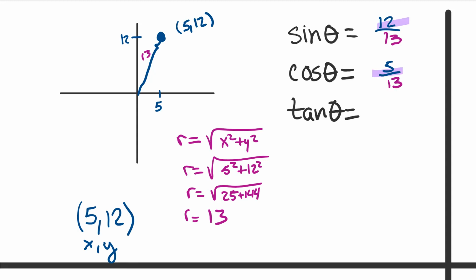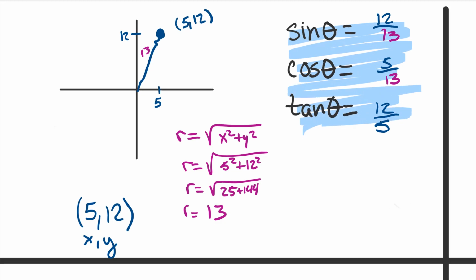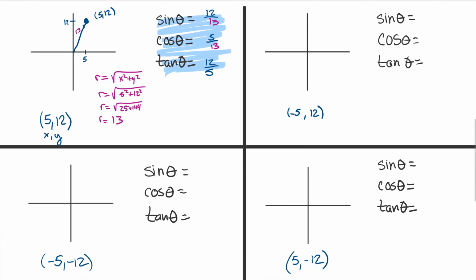It's just sine over cosine, 12 over 5, or y over x. Tangent is y over x, like slope. That'll come back later. You don't have to fill your brain with it, though. Good. Found sine, cosine, and tangent. We can go get the other ones if we wanted to. Nothing too important.